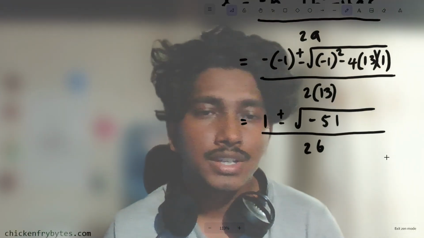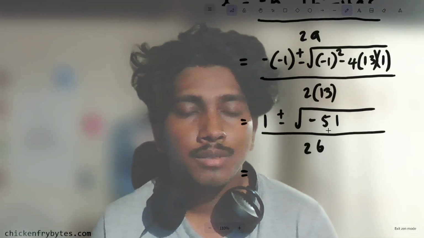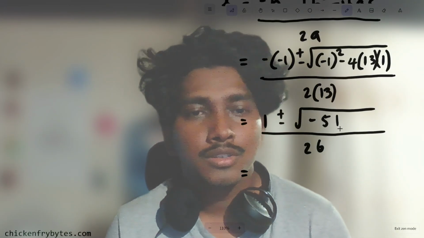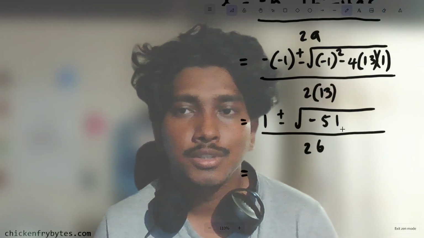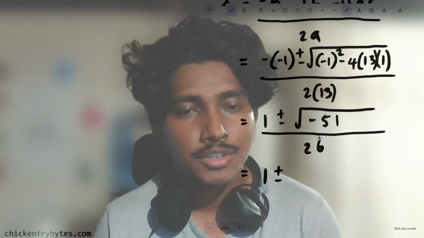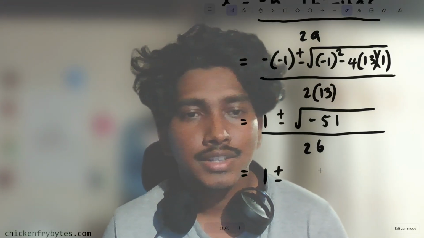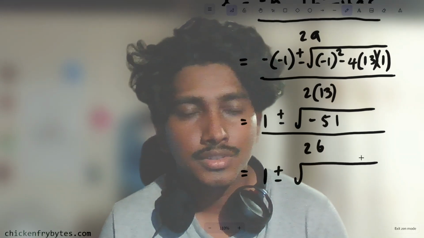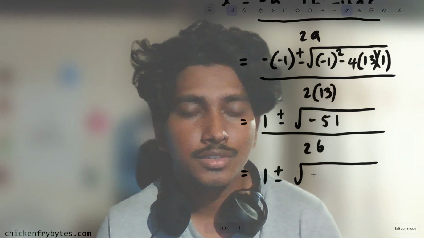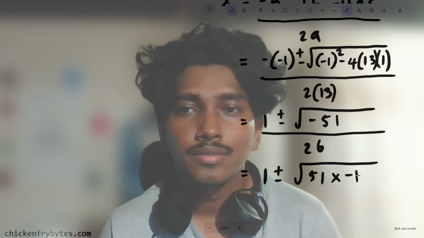All right. We know that if you have the root of a number, and we express the number as a product of two of its factors, we can actually split the root between those two factors. So to simplify this, we can say that -51 is technically the square root of 51 times -1.